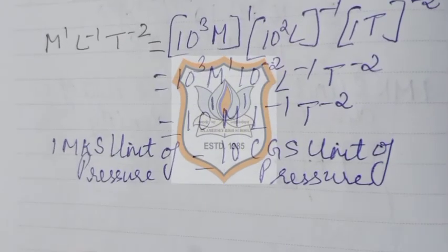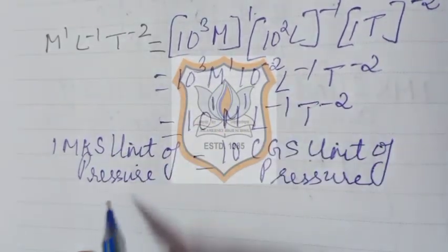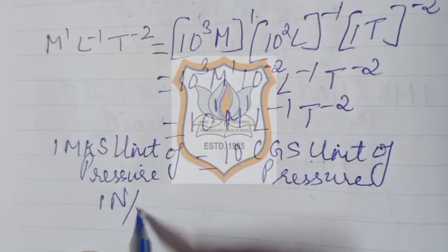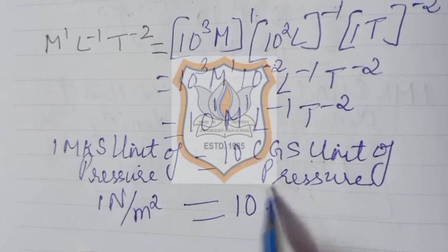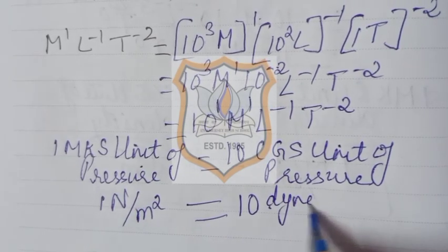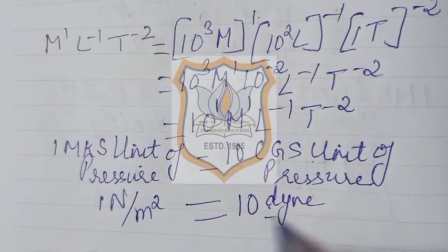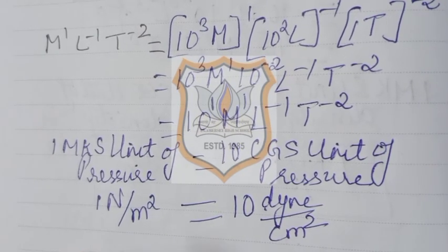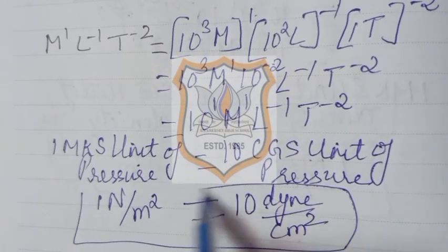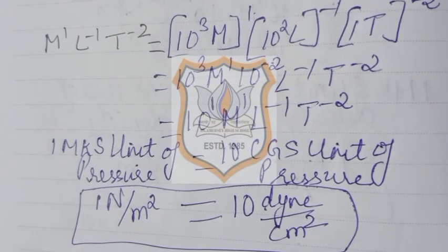So what can we write down? The MKS unit, just now we have written, 1 Newton per meter square. That is equal to 10. Newton becomes dyne in CGS and meter becomes centimeter. So 1 centimeter square you will have. So 1 Newton per meter square is equal to 10 dyne per centimeter square.